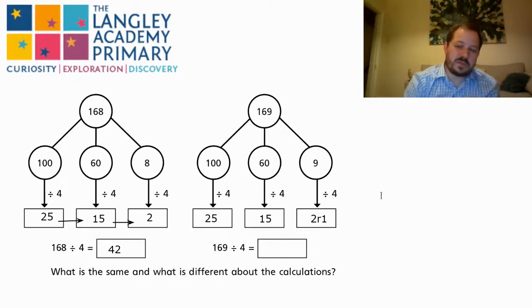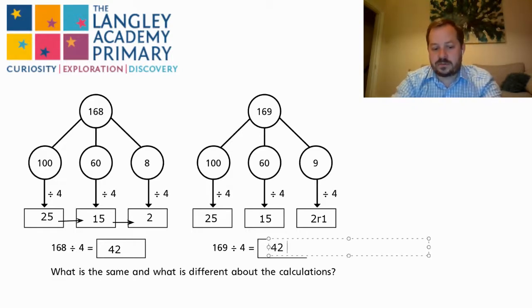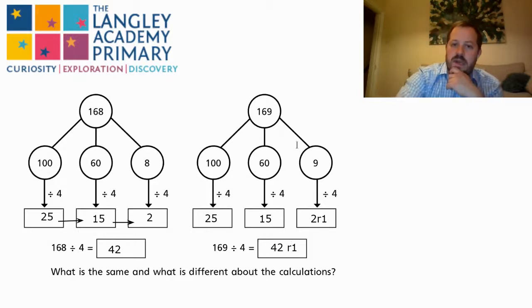Remember, always try to put them in your units column, because otherwise you will have a remainder which is over what the number you're dividing by, which you can't have. So in this case, the answer would be 42 with that remainder 1. And that's because that is 1 more than the other answer. And the difference is there would be a remainder in 1, not the other.